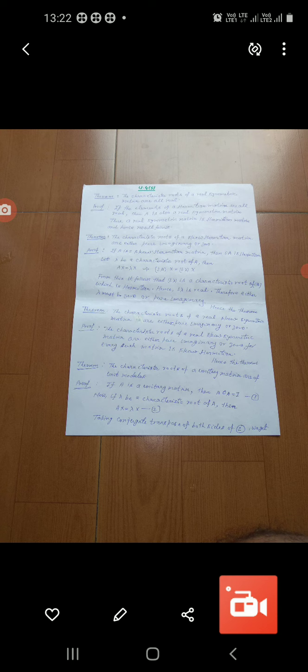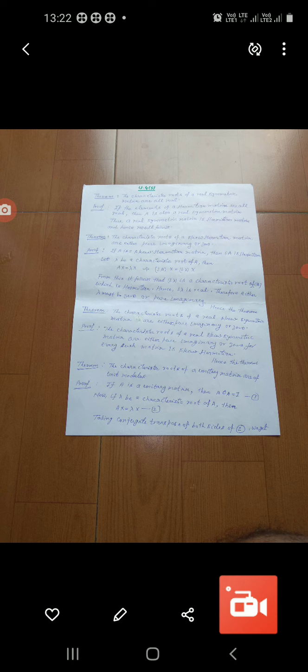Now one more important theorem: the characteristic roots of a unitary matrix are of unit modulus. Similarly, you can prove that the characteristic roots of an orthogonal matrix are of unit modulus.